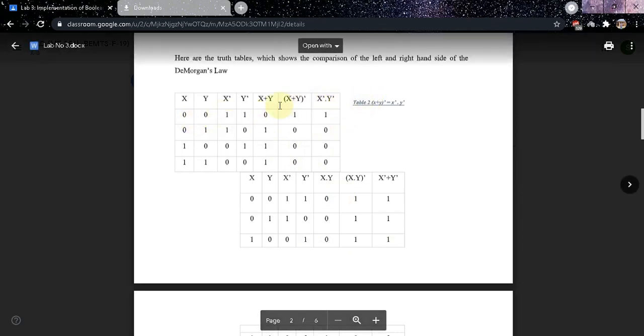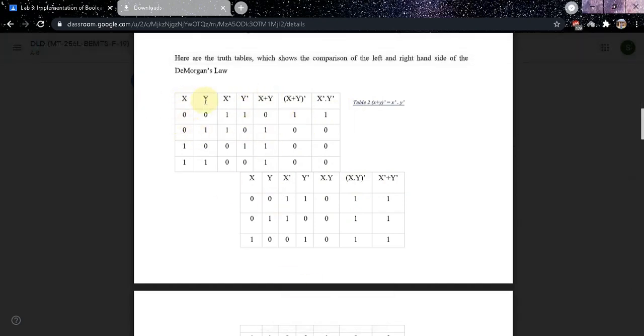This is the main table of the first equation. If we give both of our inputs 0, our inverted outputs will be 1 and 1, and if we join them through an AND gate, our output should be 1.